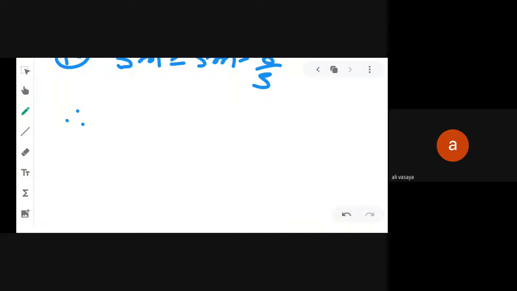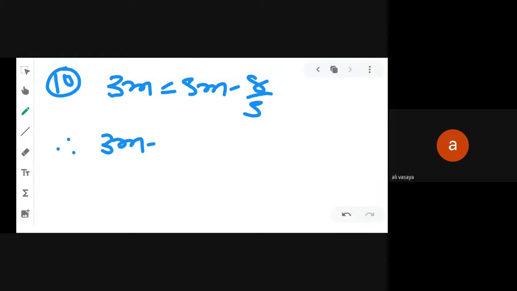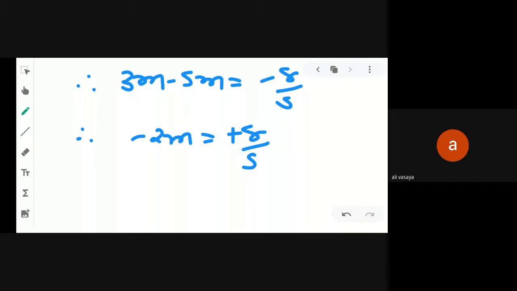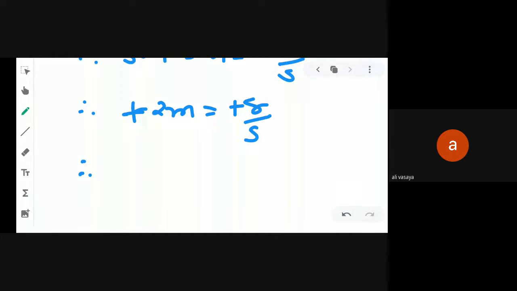3m is equal to 5m minus 8 by 5. We have to take variable to the left side, so minus 8 by 5 as it is, right? 3m minus 5m, it is minus 2m is equal to minus 8 by 5. You can see on left hand side and right hand side we have negative sign, so we can directly cancel this negative sign.